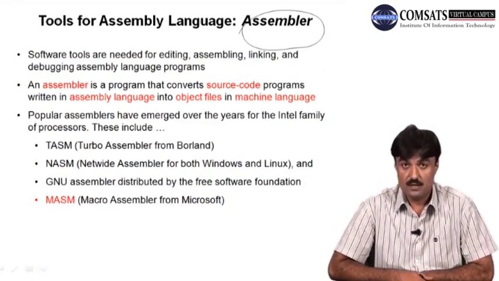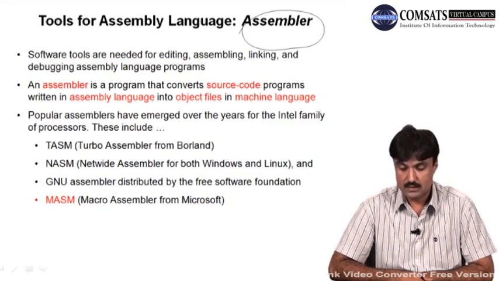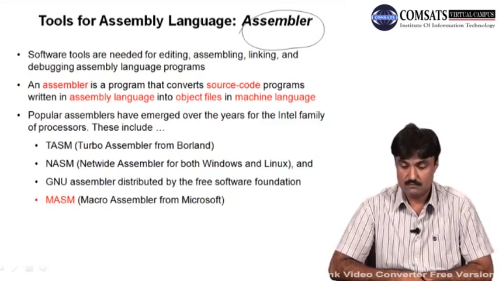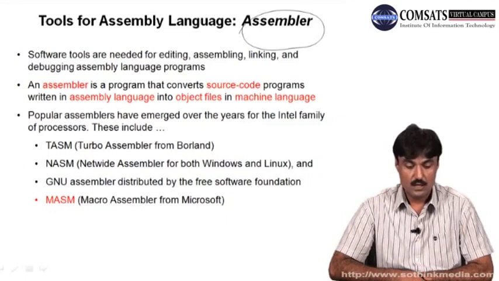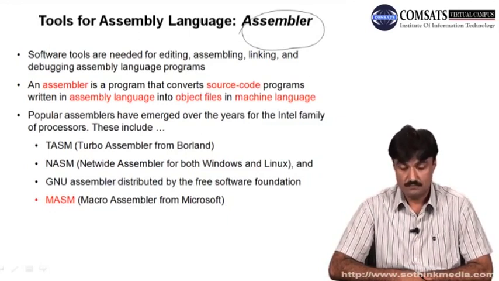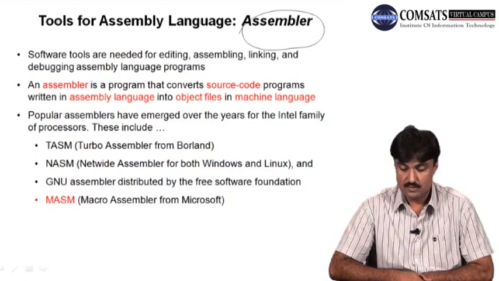There are many popular assemblers that have emerged over the last several years for the Intel family of processors, which include Turbo Assembler from Borland, then Netwide Assembler for both Windows and Linux, and GNU assembler distributed by the free software distribution.